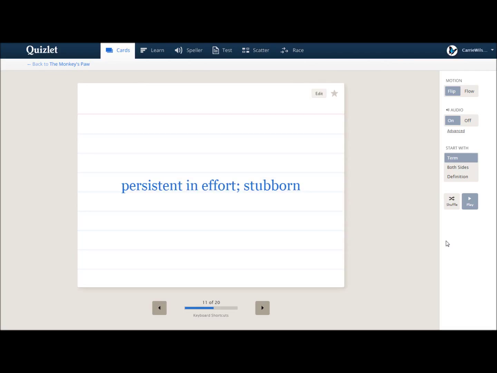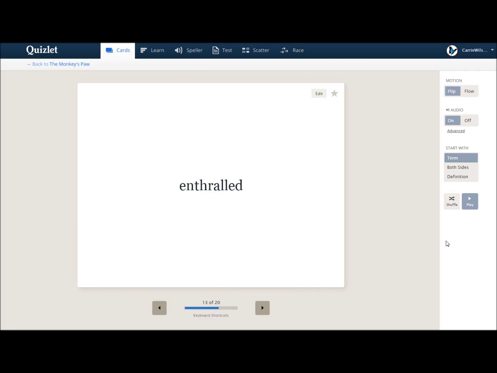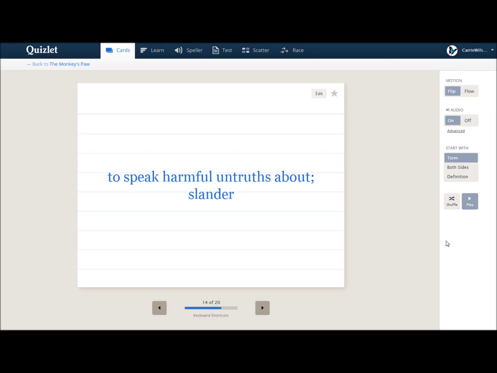Persistent in effort, stubborn. Talisman. Anything whose presence exercises remarkable or powerful influence on human feelings or actions. Enthralled. To captivate or charm. Maligned. To speak harmful untruth about, slander.